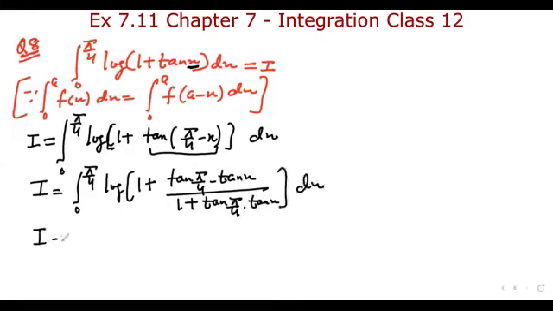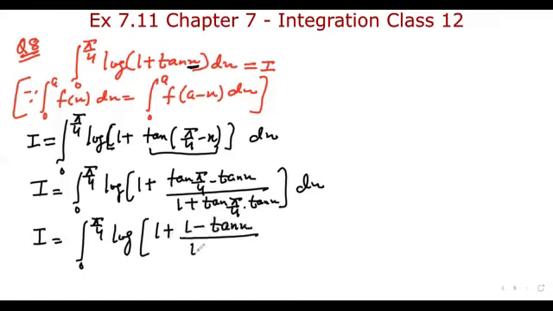So I is equals to 0 to pi by 4 log 1 plus, we know tan pi by 4 is 1. So 1 minus tan x upon 1 plus tan x dx.